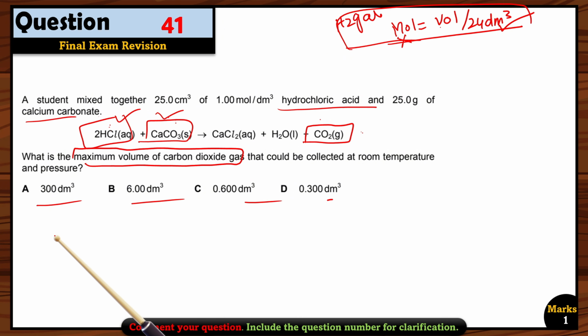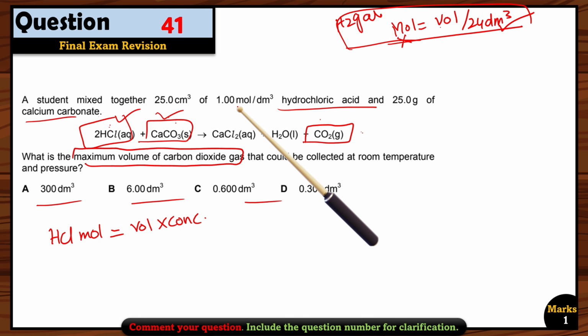Let's see. HCl: moles is equal to, because it is an aqueous solution, volume times concentration. What is the concentration? 1. What is the volume? First you have to convert it into dm cube, so 0.025, right? Is it right? Okay, 0.025 is the volume.